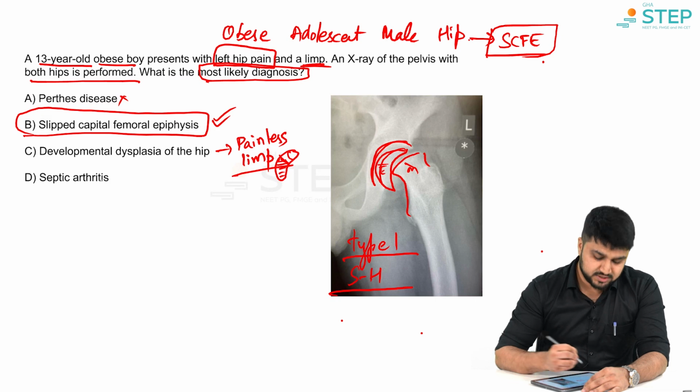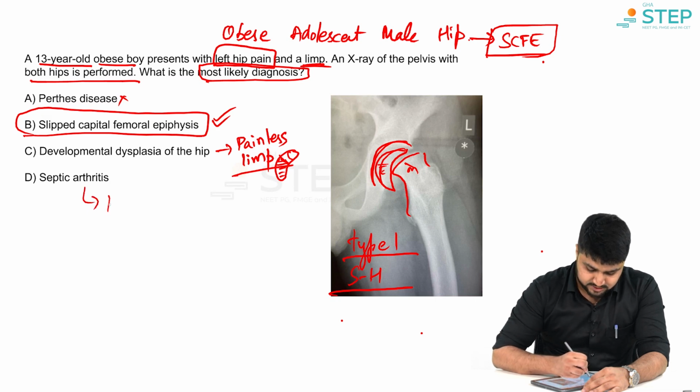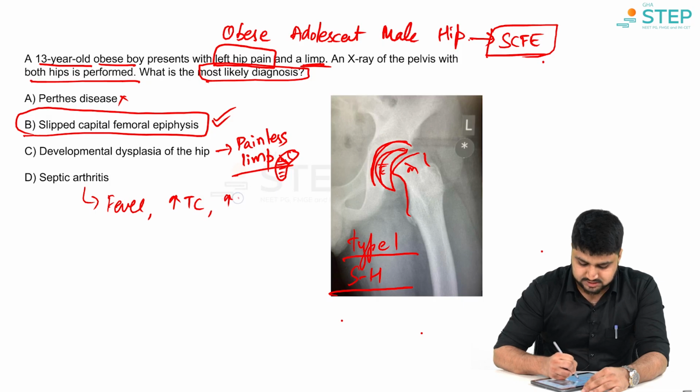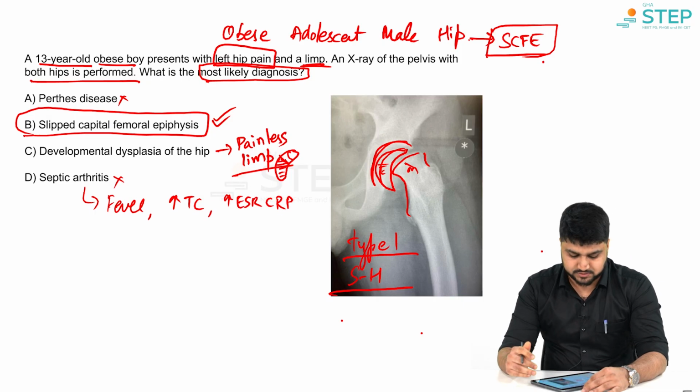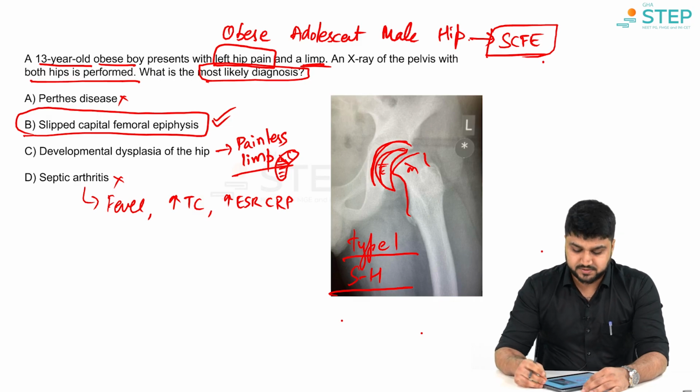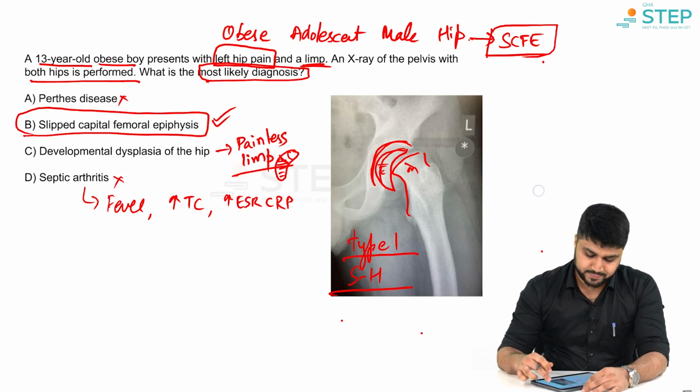Septic arthritis, usually they will give you a few other clues like presence of a fever or increased counts or increased ESR, CRP. So this is also not the right option. So the diagnosis is slipped capitofemoral epiphysis.